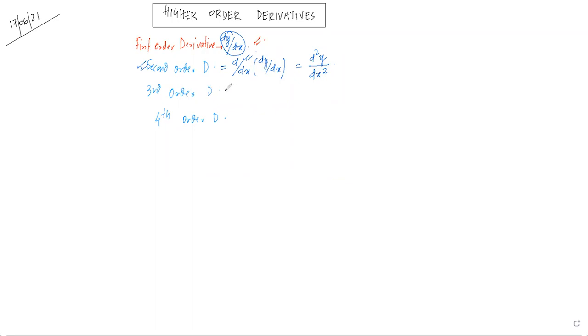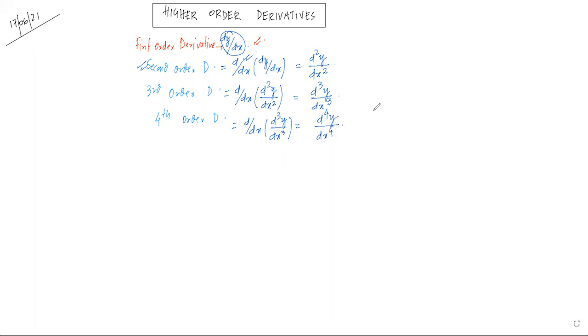In the similar process, what is the meaning of third order derivative? That is differentiating the second order derivative. जो हमारा second order derivative है उसको एक बार वापस differentiate करेंगे. So what we get d3y now, and नीचे में we will get dx cube. Similarly, what is the fourth order derivative? Differentiating the third order derivative. So d3y by dx cube को अगर हम फिर से differentiate करेंगे, what we get is d power 4y dx4.